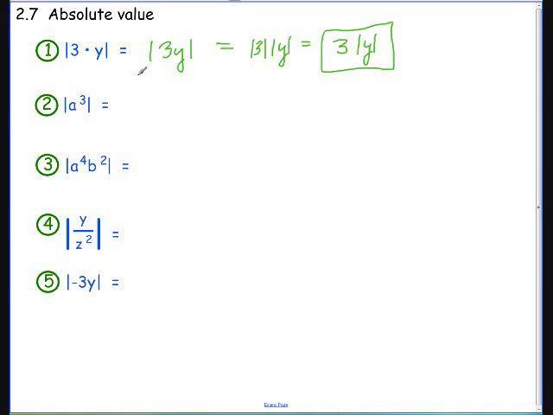Let's look at this one. Now we can see we could divide this up into the absolute value of a squared times the absolute value of a. And we know that the absolute value of a squared, well, forget absolute for a moment, the value of a squared will always be positive.